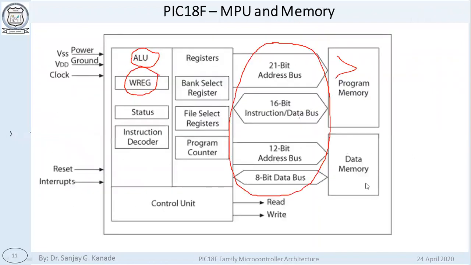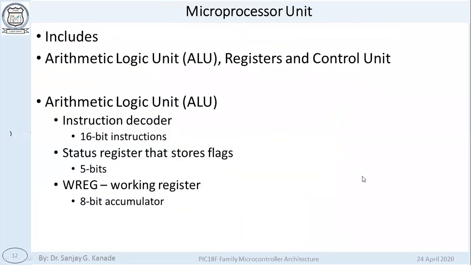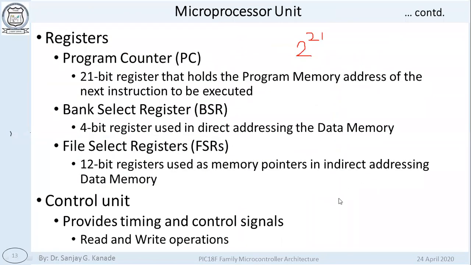Now you can see here data memory. It has 12-bit address. So these file select registers, there are 3 file select registers and each of them can store 12-bit address of this data memory. And this will be used in indirect addressing mode. Of course, we are going to see all these things in detail because all these things are required for assembly language as well as C language programming.